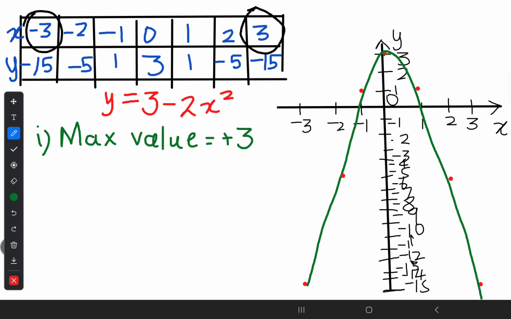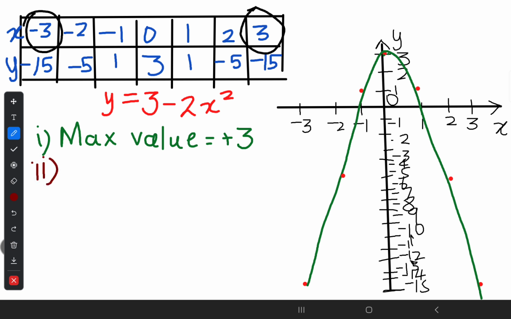If they asked you to write the maximum coordinate, you should indicate 0, positive 3. Here they only asked about the maximum value, which means you should find its y value only. Maximum coordinate means 0, 3. That's the way you should represent your answer.